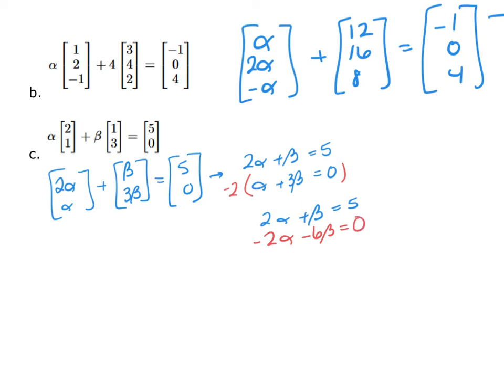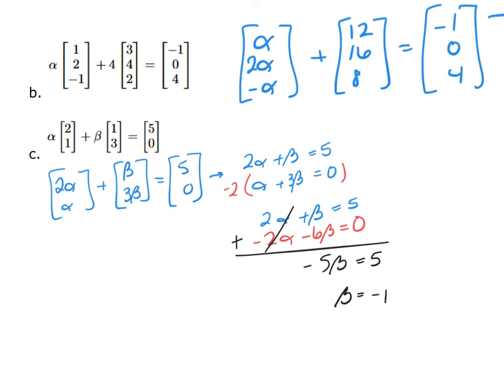I'm going to go ahead and add these two together. My alphas cancel, and I get negative 5 beta is equal to 5. That means beta should be, excuse me, negative 1.